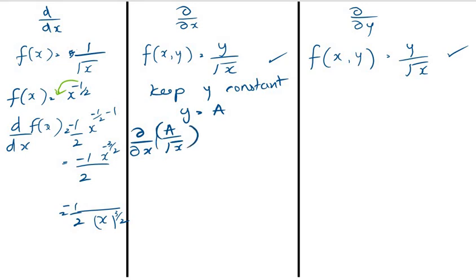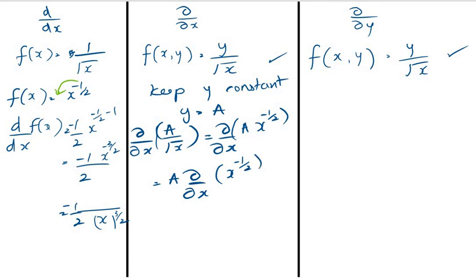That's the function. So we can also write this as the partial derivative with respect to x of a times x to the power minus half. We can always take the a out because it's a constant and it's a multiplicative factor. So we do the partial derivative with respect to x of x to the minus half.